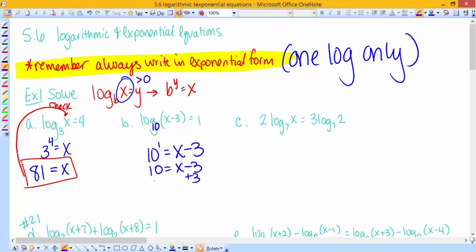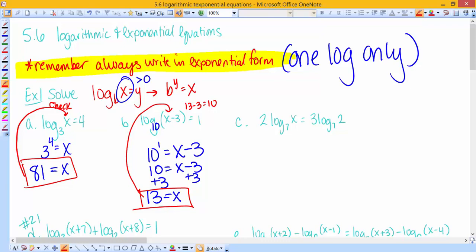When I add 3, x equals 13. These are not difficult problems. We are going to be using our basic algebra skills, but we also have to use these properties correctly, or it's not going to matter how good our basic algebra skills are. Now, let's check. If I plug 13 in for x, 13 minus 3 is 10. Not negative, not 0, so we're good. 13 is my answer.